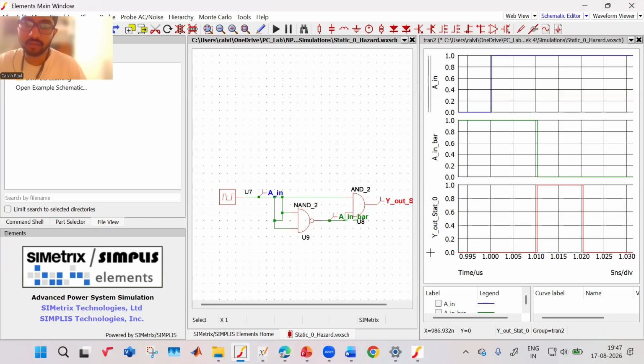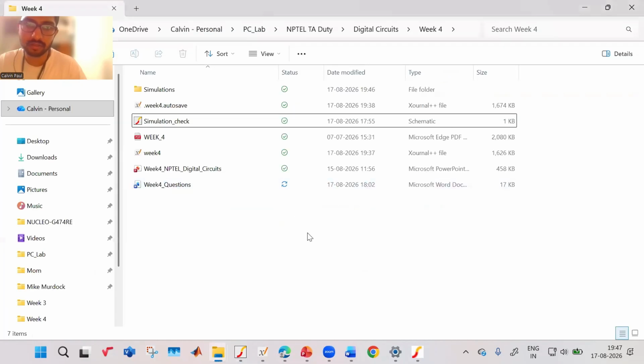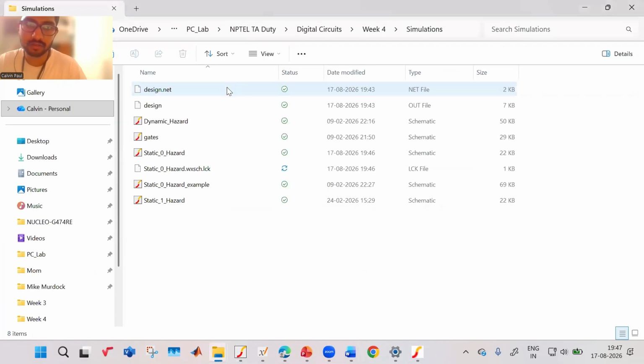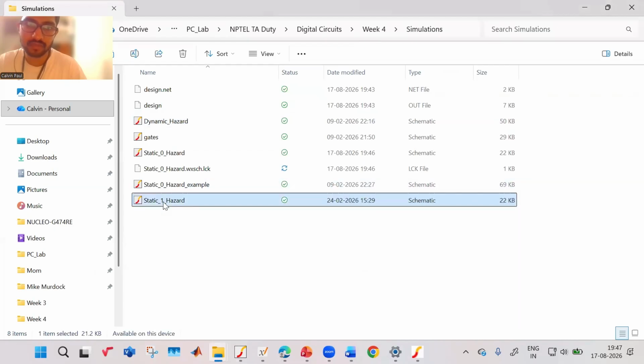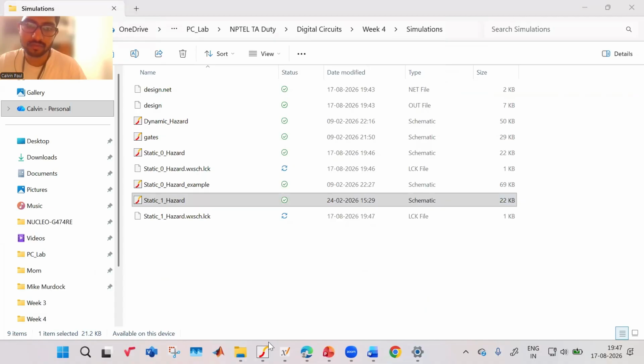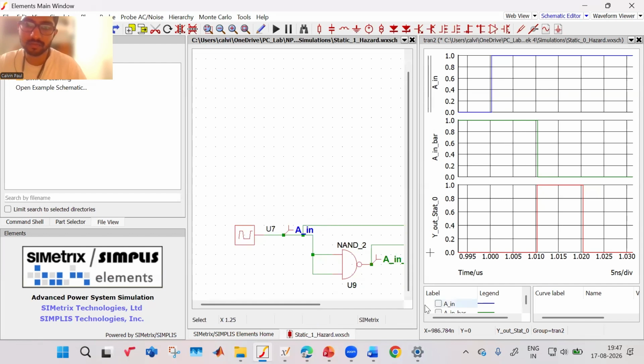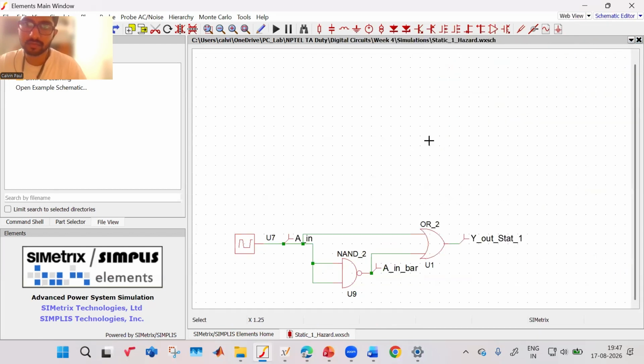Let us look at another one. Let us try static 1 as well. So this is the circuit for a static 1 hazard.